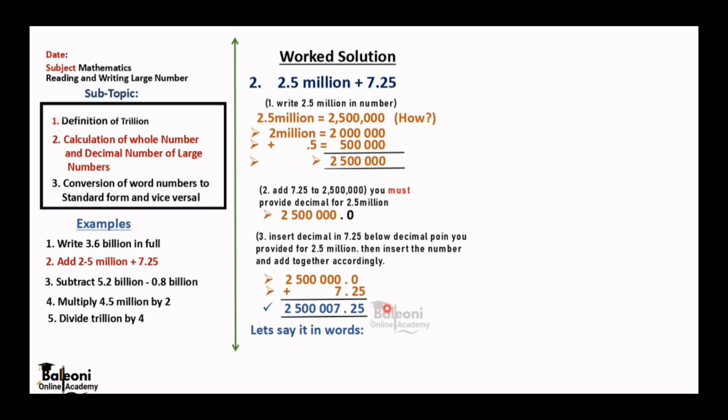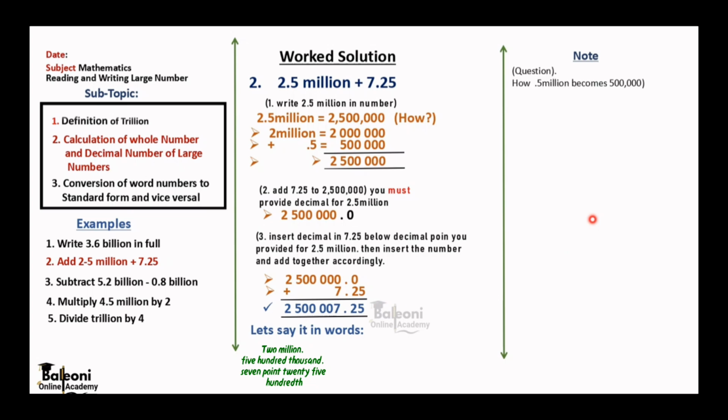Now, this is a genuine question that arose from the exercise we just did. How does 0.5 million become 500,000? Very, very simple. What you need to do is multiply by 1 million, taking away the decimal point of 0.5.